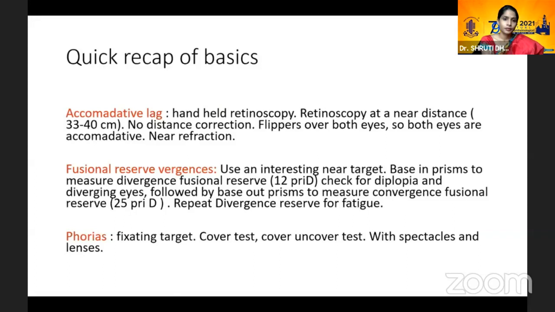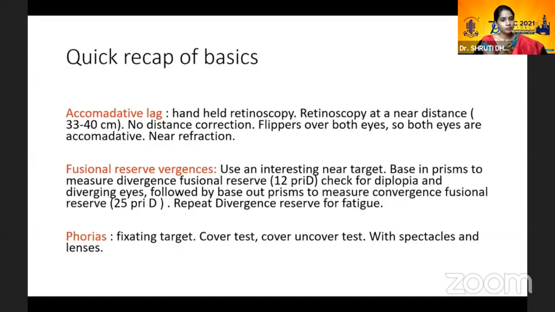Accommodative lag. In this, you will use a handheld retinoscope, and the retinoscopy is done at a near distance of 33 or 40 centimeters. There is no need for any distance correction. Flippers over both eyes help so that both eyes are accommodating at the same time. Near refraction is measured. Fusional reserve vergences.